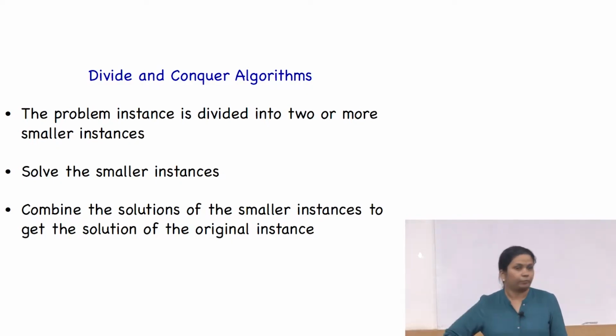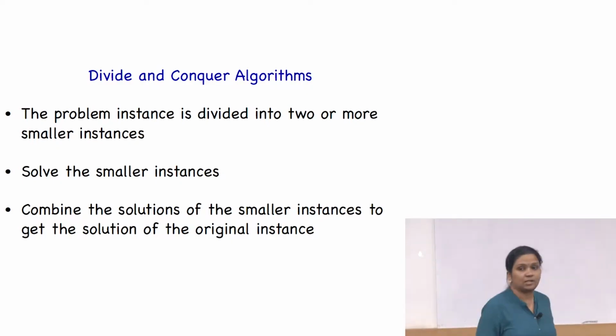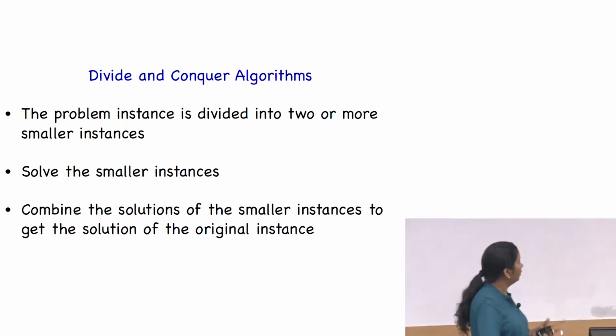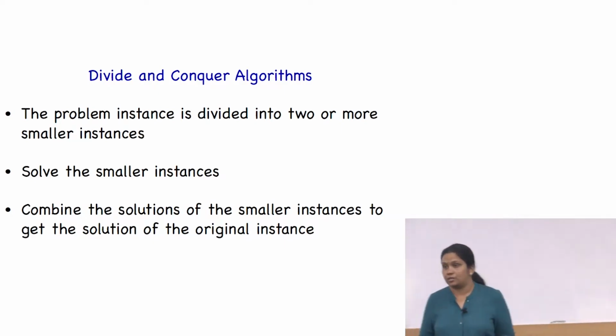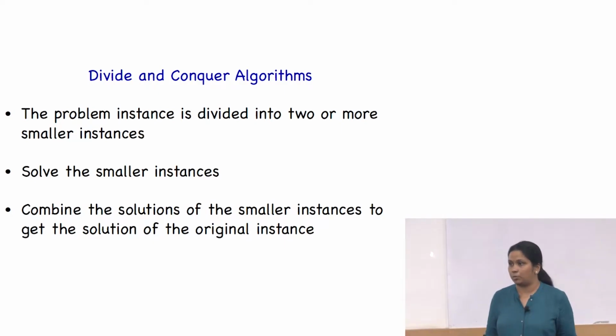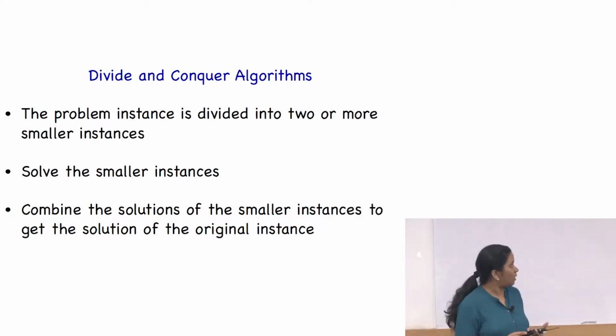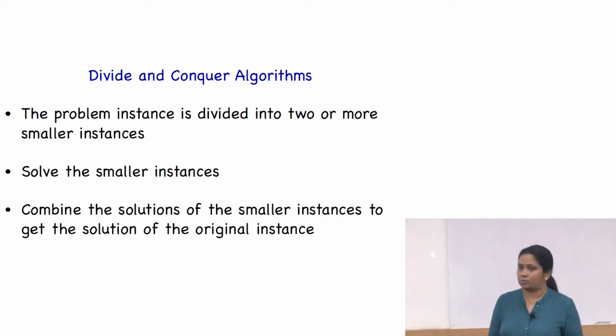Once you have solved the smaller instances, you have the solutions for them. What you need is the solution for the actual bigger instance, and to get that you combine the solutions of the smaller instances in some way, based on which problem you are solving. That's what happens in divide and conquer.